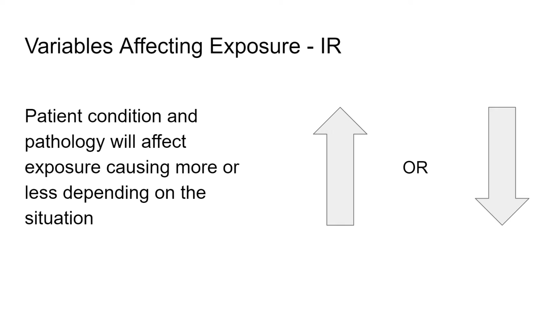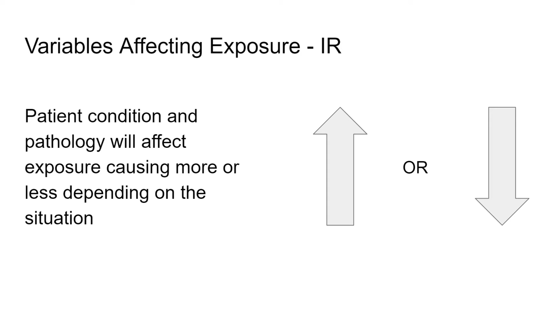But the reason for this in general is why give the patient more radiation than they need? So if you know they have a destructive type of pathology, like a pneumothorax, which requires a lowering of technique, then you should lower your exposure a little bit rather than increasing it, or keeping it what you usually do.